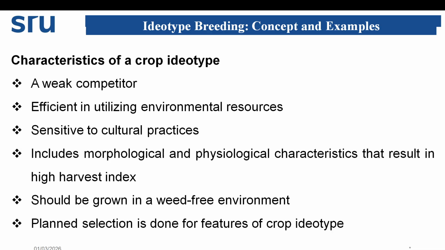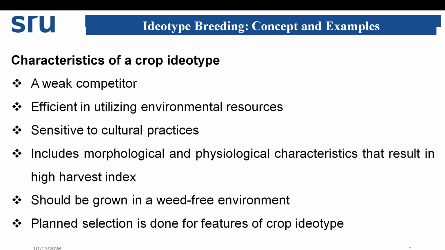The crop ideotype should be grown in a weed-free environment. Weeds should not be there. And a plant selection strategy needs to be planned for the features of the crop ideotype. So during selection, you need to plan your selection strategy.